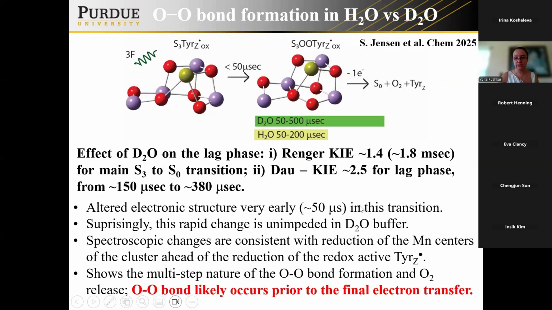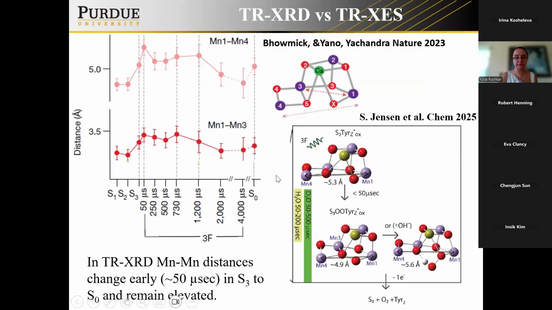But we think that the lifetime of this intermediate is extended based on our data. And that's why, if you want to structurally characterize the step, it's better to do experiments in D2O. Maybe people try to do crystallography in D2O. But overall, the results were very similar.